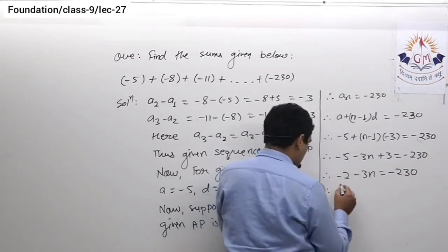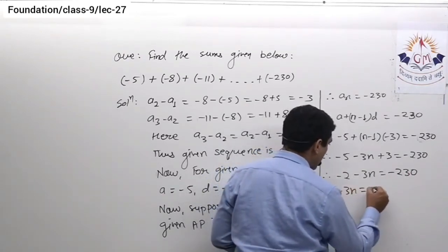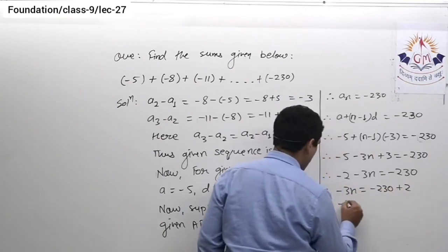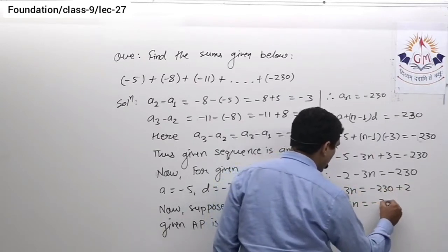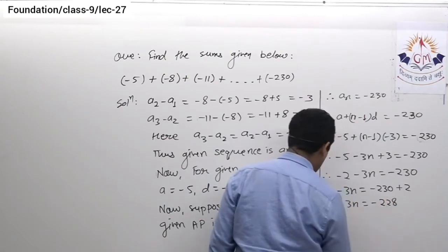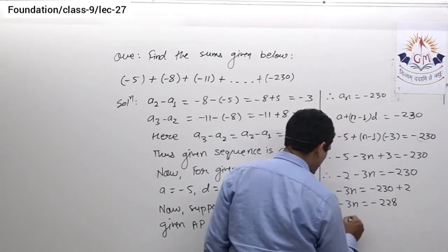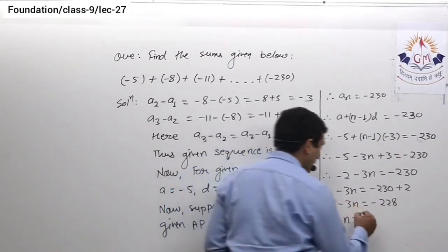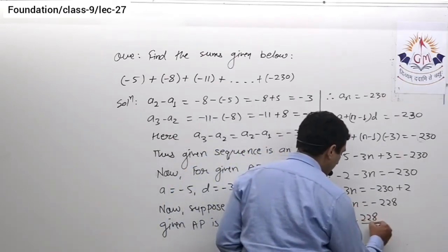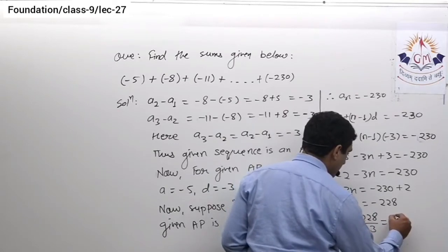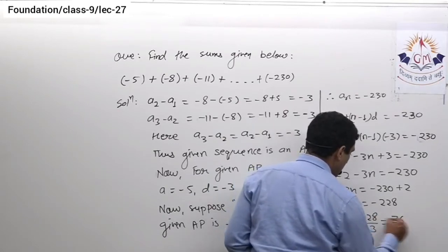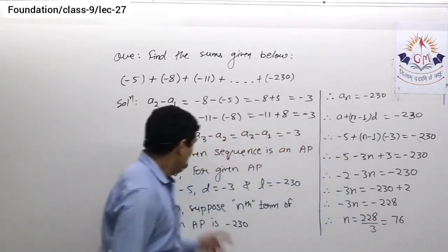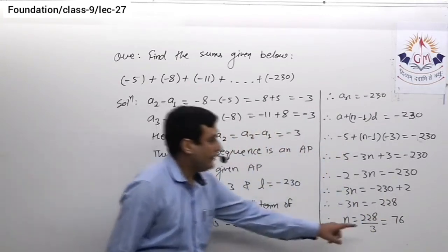So minus 3n is equal to minus 230 plus 2, so minus 3n is equal to minus 228. Therefore n is equal to 228 divided by 3, that is 76. Therefore this AP contains 76 terms.